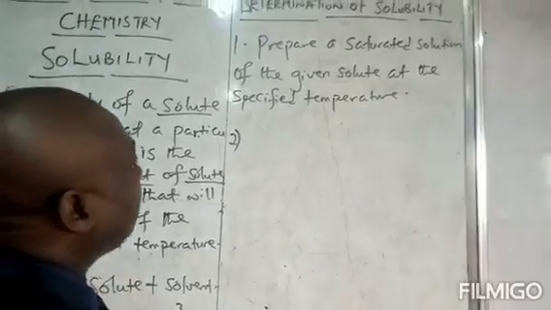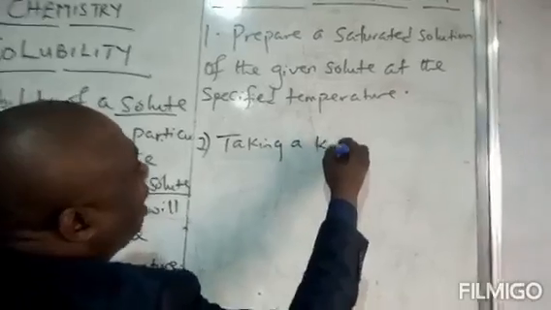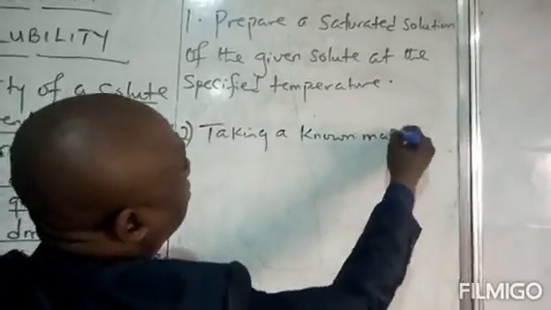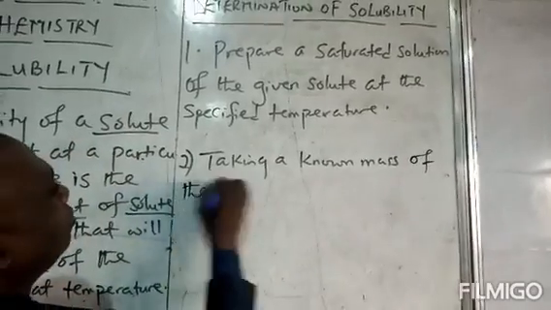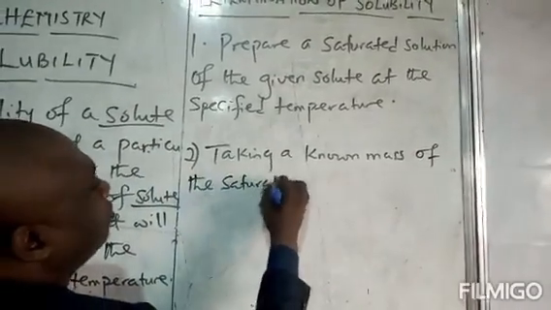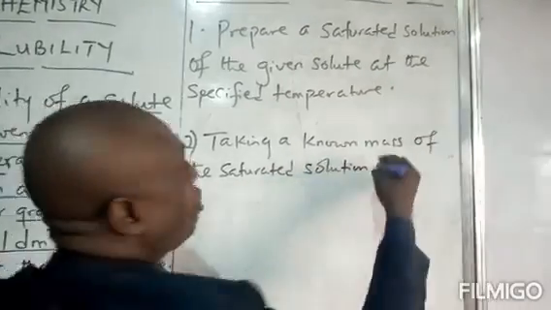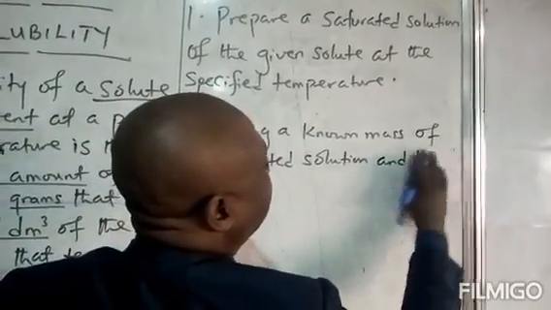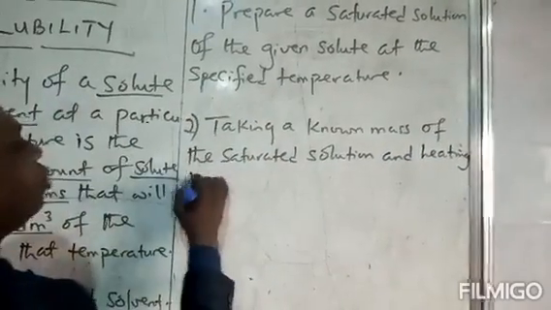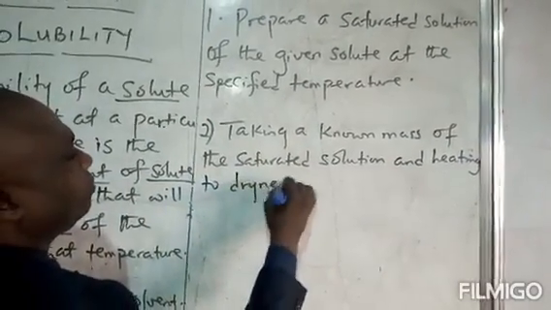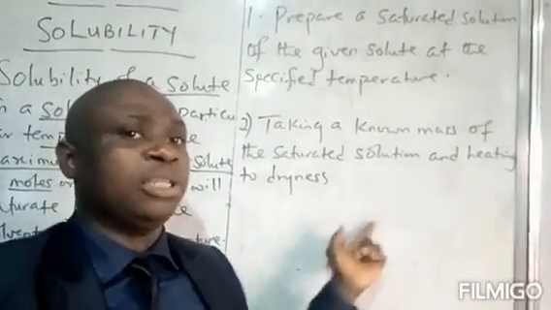The second is taking a known mass of the saturated solution, and what you do next is to heat it to dryness. If you recall, heating to dryness is an evaporation technique.